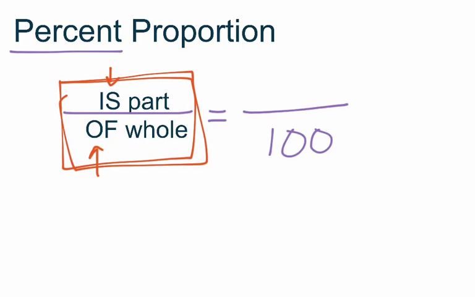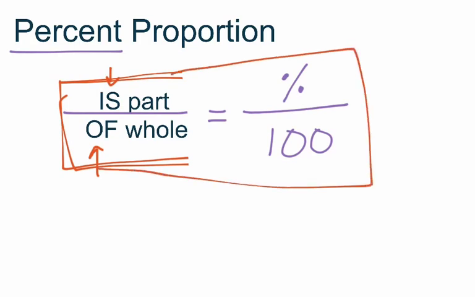Percents are always out of 100. So I like to write it like this: your percent over 100. So we're essentially writing our percent in that fraction over 100 form, but I'm going to use that fraction symbol up here. If I can encourage you to write anything down right now, it would be this setting right here, especially for these word problems we're going to do next.